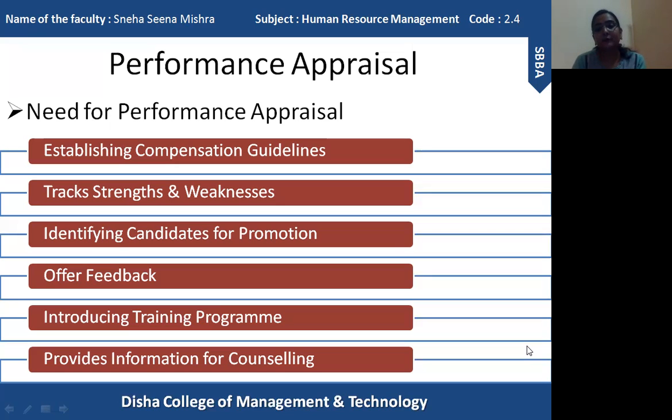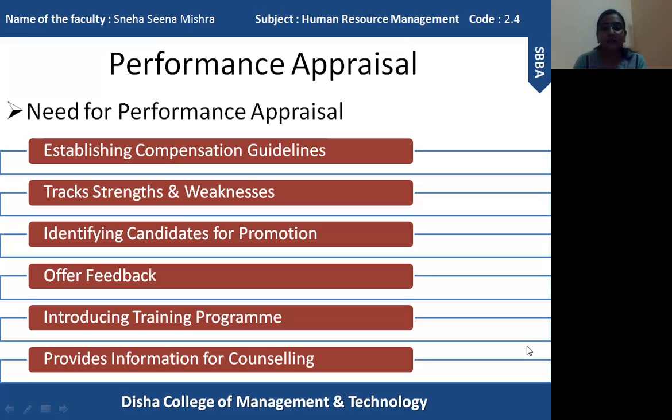With its help, all the information regarding the level of performance of the employees is collected, on the basis of which the person may get a raise in salary, or some kind of extra benefits or incentives. So it helps in establishing compensation guidelines for the organization. That is one reason for which every organization requires performance appraisal.